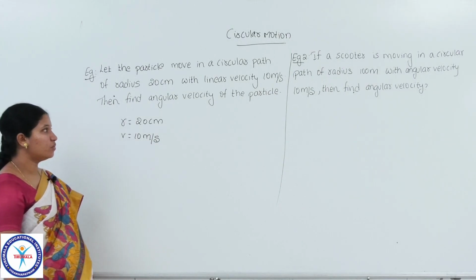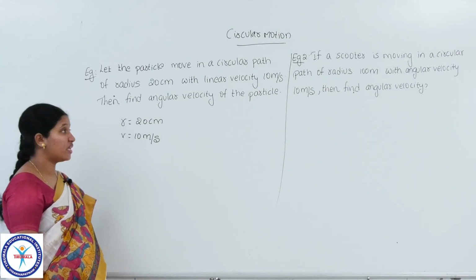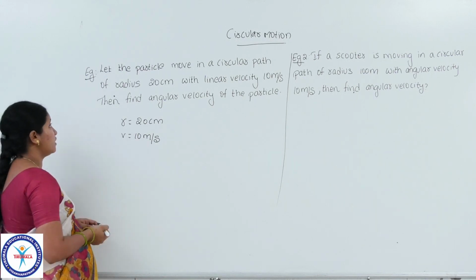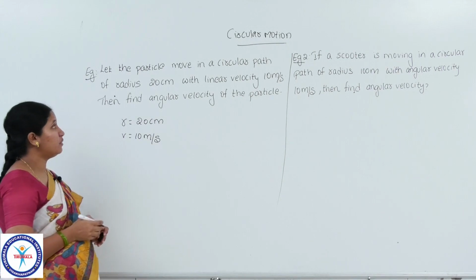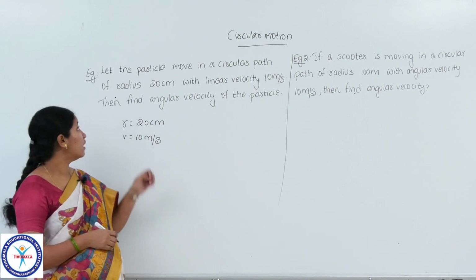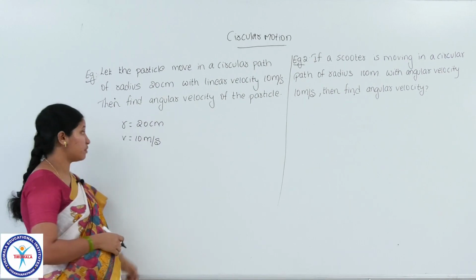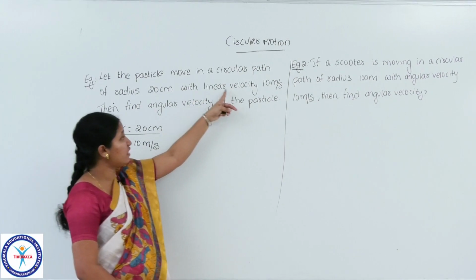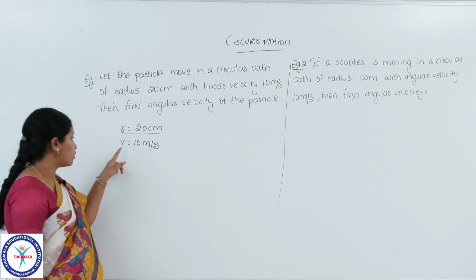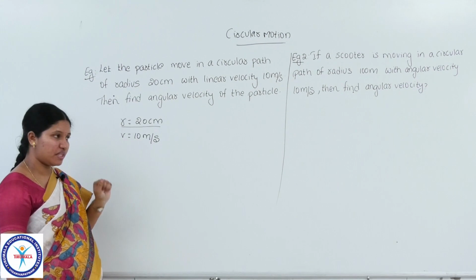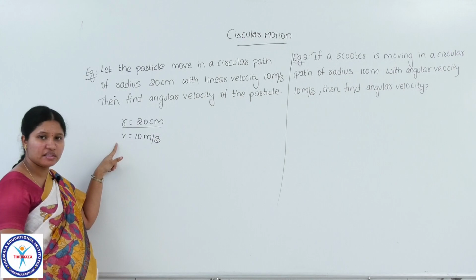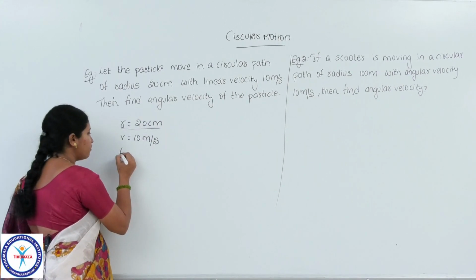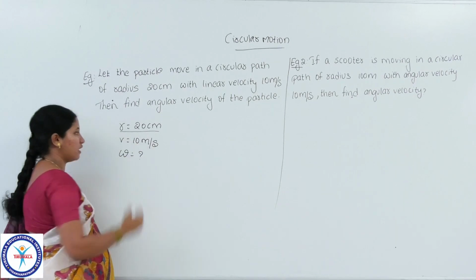So let us see two examples based on the relation between linear velocity and angular velocity. See the first question. Let the particle move in a circular path of radius 20 centimeters, means the radius given is 20 centimeters, with linear velocity 10 meter per second. So v is equal to 10 meter per second. So this is the given data in the question. What he asked is to find angular velocity, means we need to find out omega.